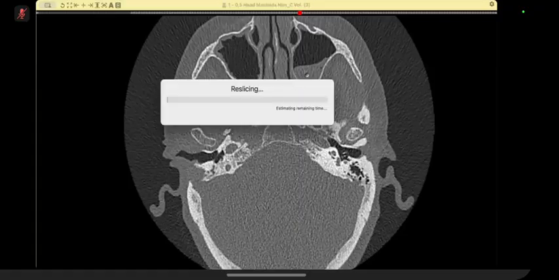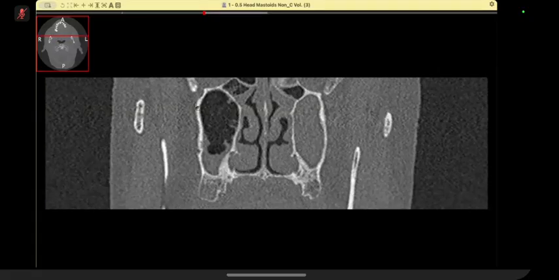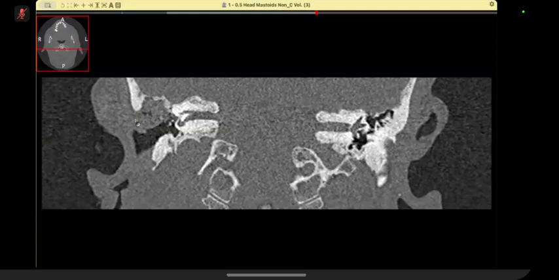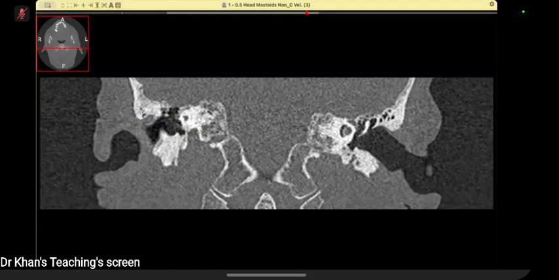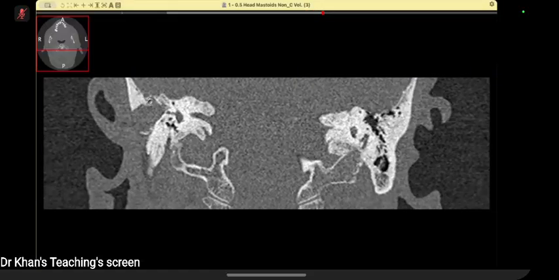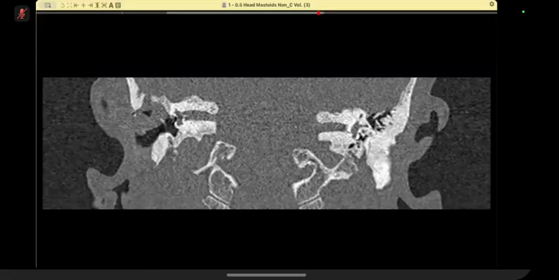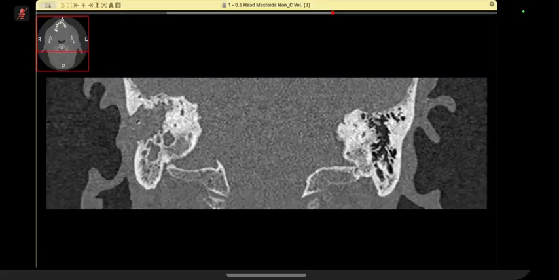And on the coronal, here you are. This is the cavity, and this is the cavity, and this is what we call the tegmen mastoideum, and you can see erosion here. You never know what is what in this as far as a CT is concerned, but there is erosion.